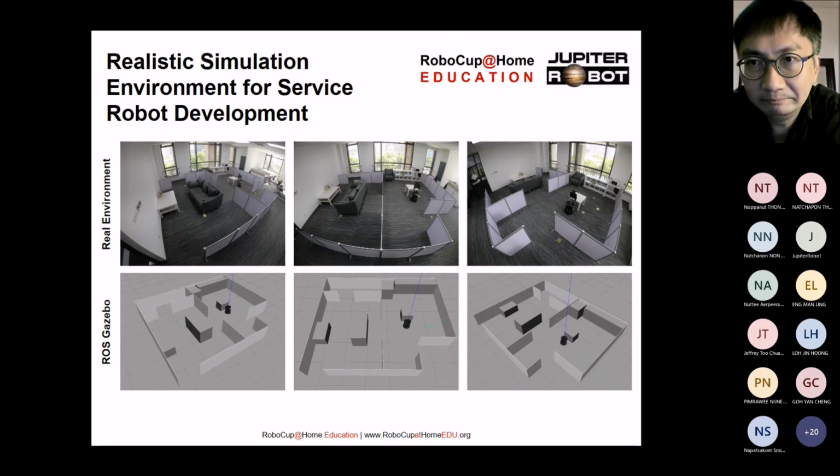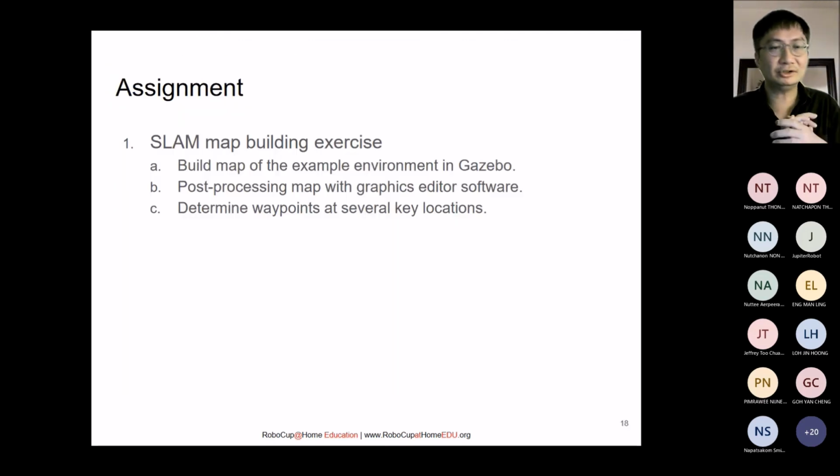Okay, any more question? Okay, if no question, then I'll proceed to the next part. But before I go to the next part, this is the assignment. I want everyone to use whatever setup you're using, VirtualBox, VMware, dual boot or anything, to exercise building the map, and then post-process the map with graphic editor software.